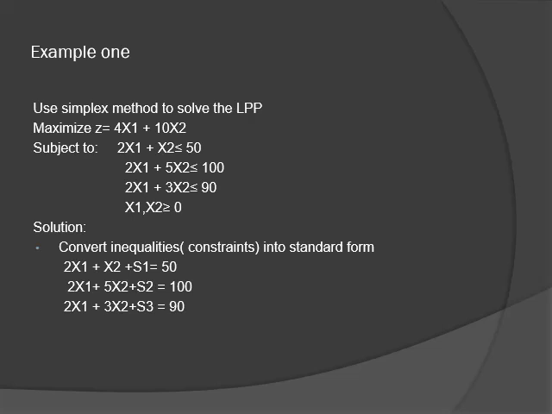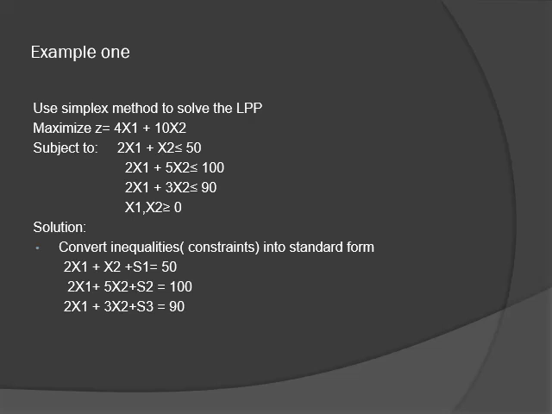Now the first step to convert inequalities constraint to standard form. Once inequality is less or equal, then we are going to add s1. 2x1 plus x2 plus s1 equal 50. 2x1 plus 5x2 plus S2 equal 100. The last constraint 2x1 plus 3x2 plus S3 equal 90.